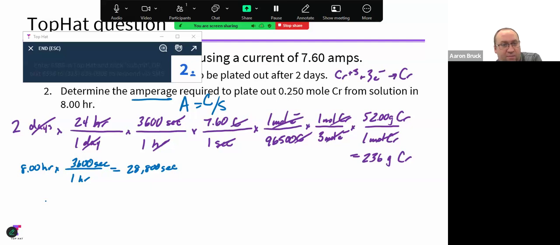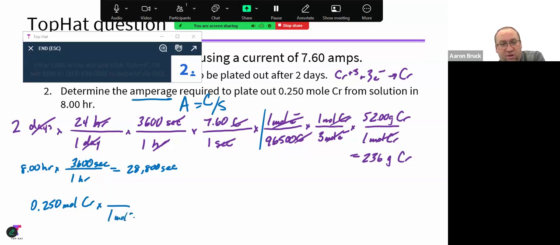Now for the coulombs, I've got a quarter mole of chromium. And so basically I'm going to reverse this process that we did in the previous problem.